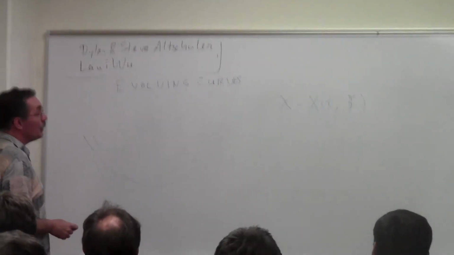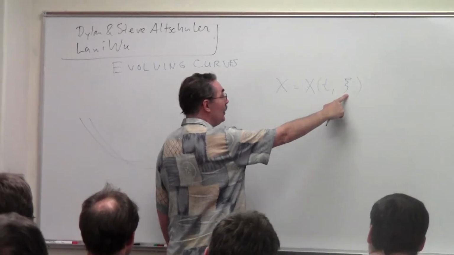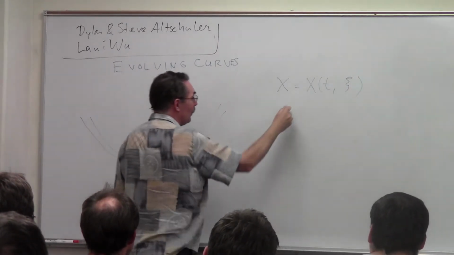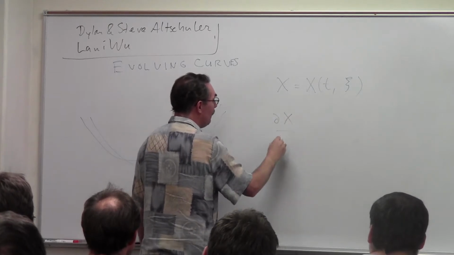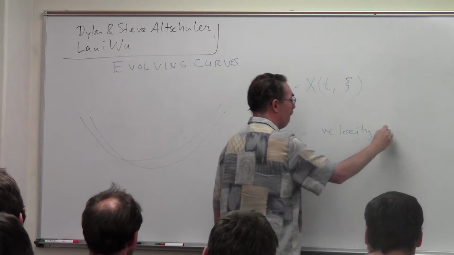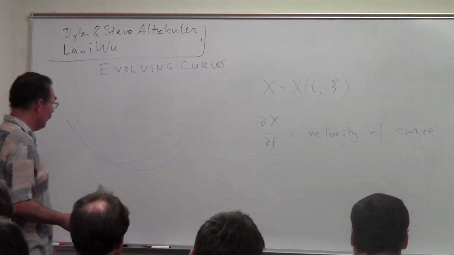Then what is the velocity of the curve? Well, you fix the parameter c, and then you differentiate with respect to t. So dx/dt, that's the velocity of the curve.